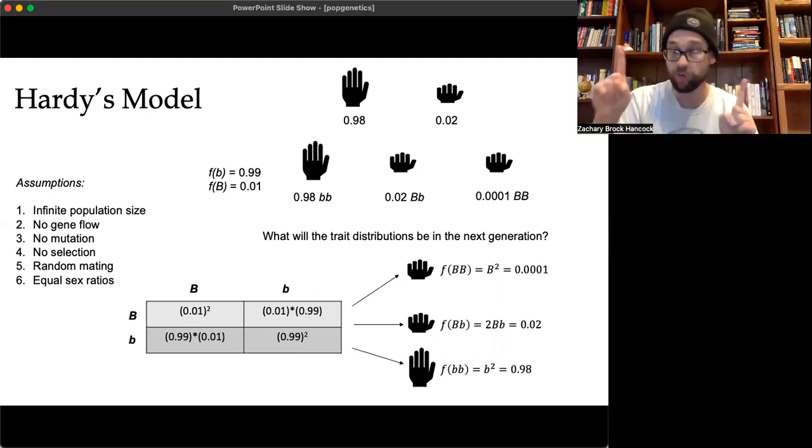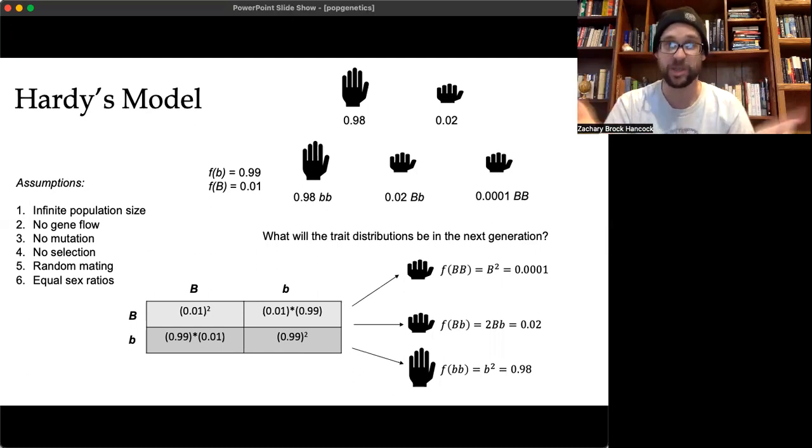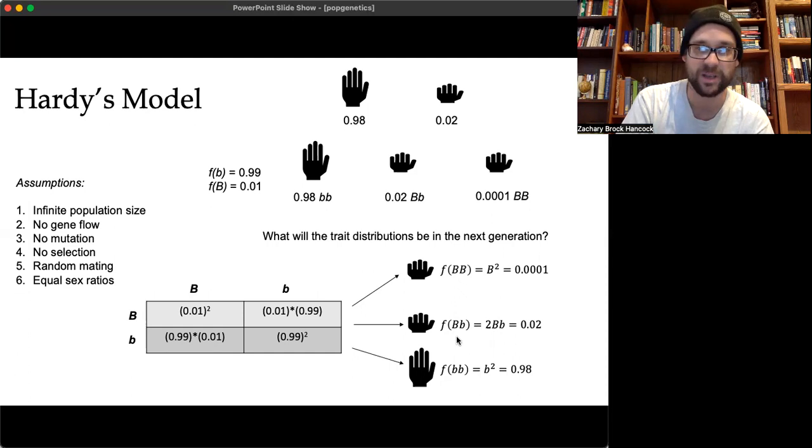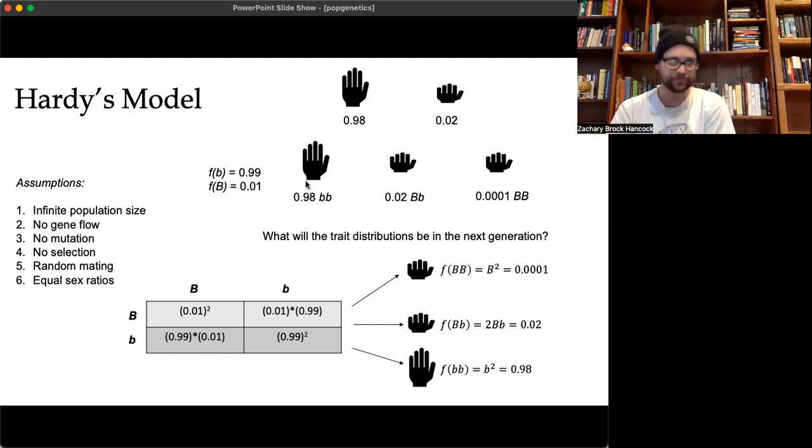Since we have two big B, little b's, we put them together, and that gives us 0.02, okay? And again, that's the frequency of the heterozygotes in the previous generation. And then lastly, we have 0.98 for little b squared, and that's the frequency of the normal genotype.